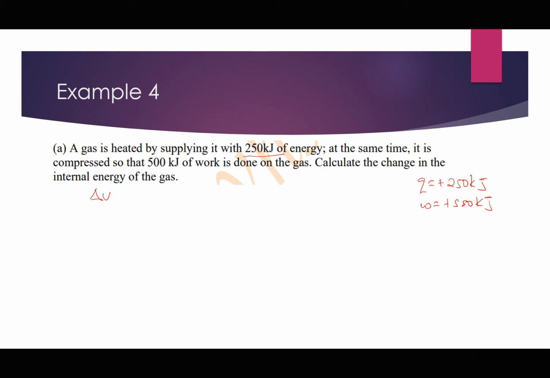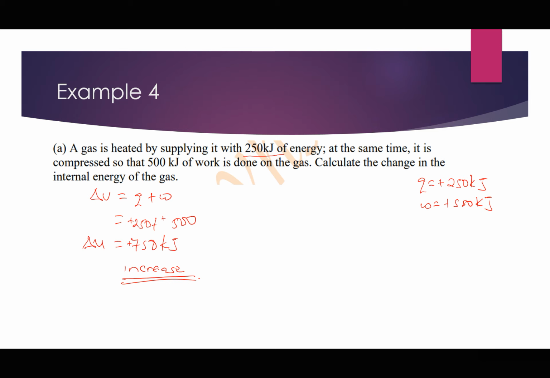The change in internal energy is equal to Q plus W. Since both are positive, positive 250 plus positive 500 gives positive 750 kilojoules. Whenever we calculate delta U and it is positive, it is an increase in internal energy.